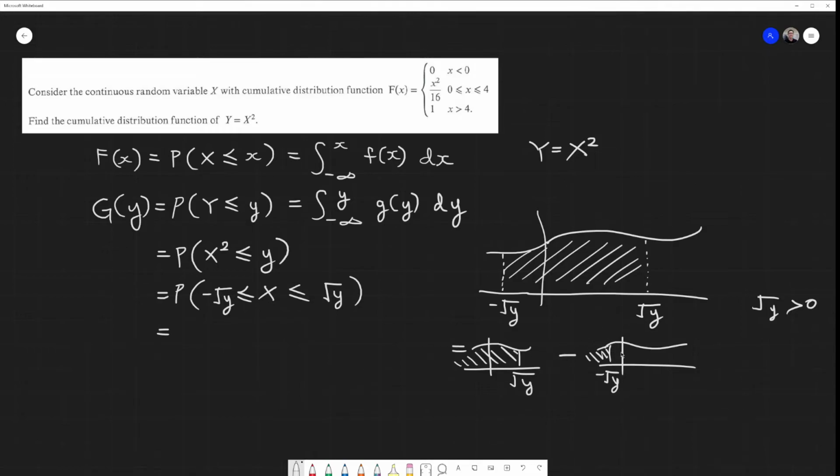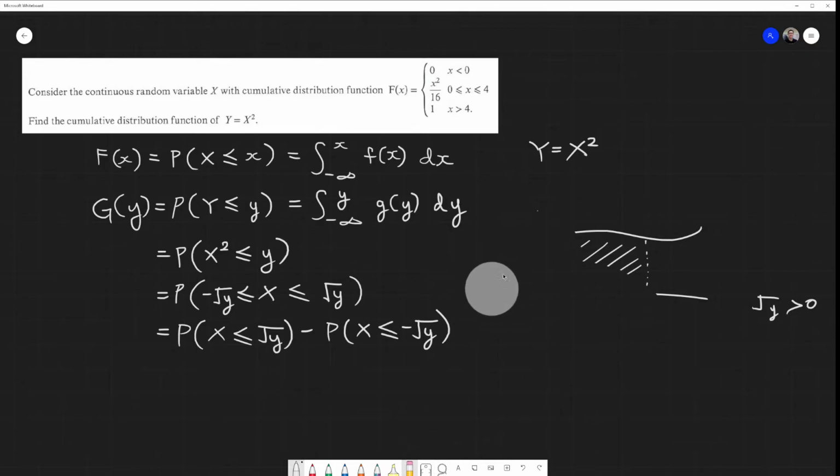So if we take this area minus this area, that's going to give us this area, which is essentially this probability right here. So we can say this is actually P(X ≤ square root of y) minus P(X ≤ negative square root of y).